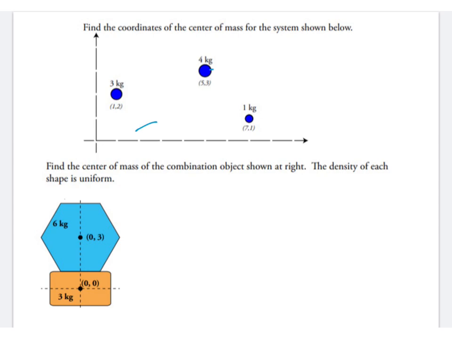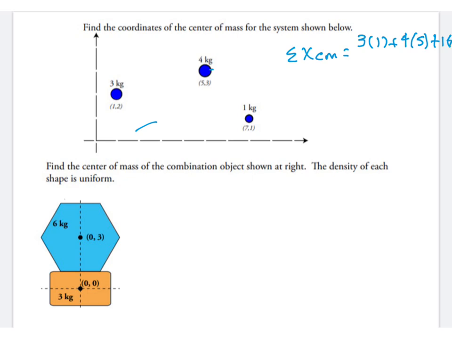I don't know why they're not hooked together, but if I had to find the center of mass of these 3 particles in the x direction, the x center of mass, I would take the mass of the first object, 3, times its x coordinate, 1, plus the mass of the second piece, 4, times 5, plus 1 times 7.